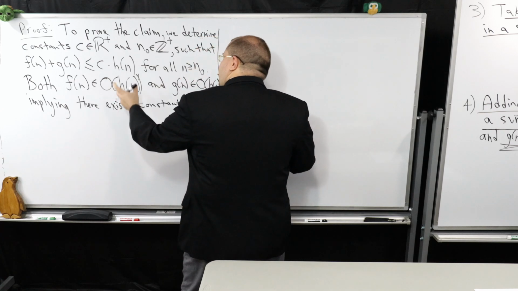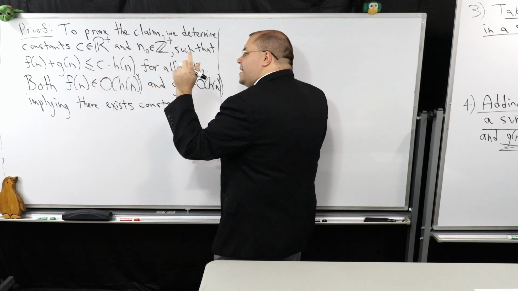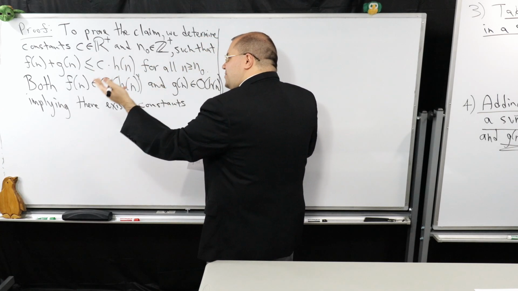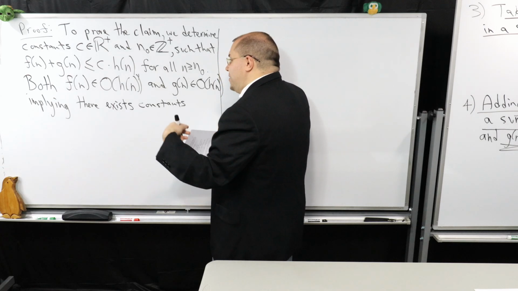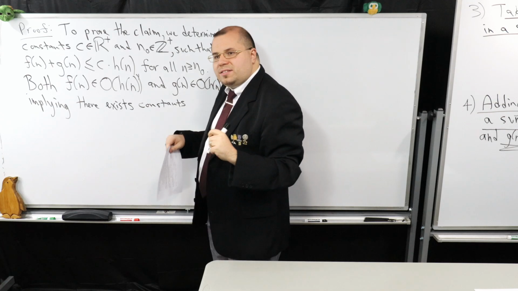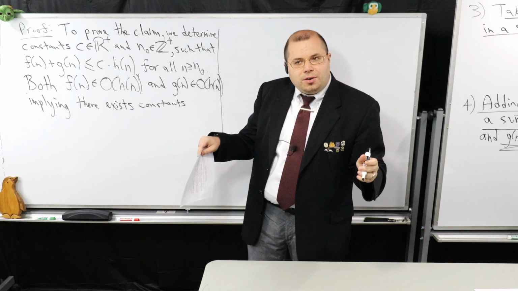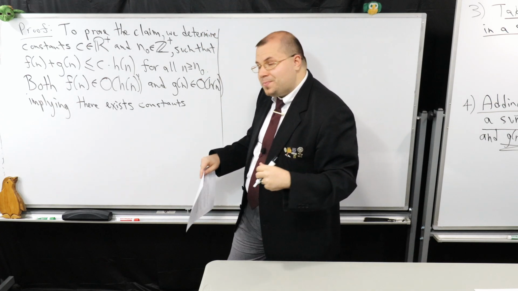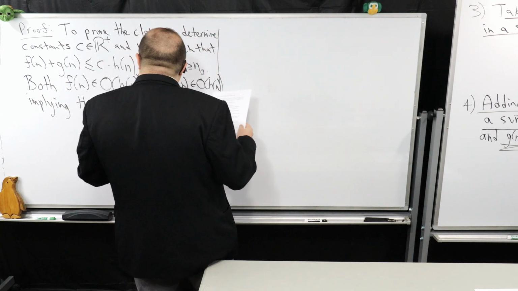Now remember, for this one, there is a c and an n0, right? But I already have c and n0. I already have names for these. I'm going to give new names for those constants. And because of this, there exists a pair of constants as well, another c and another n0. I'm going to give these names as well.